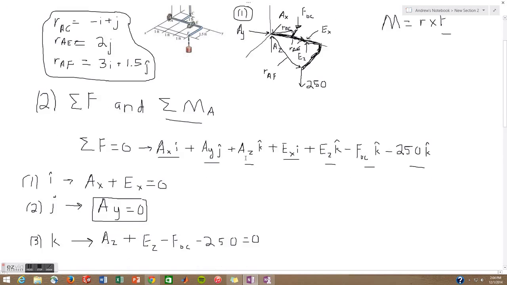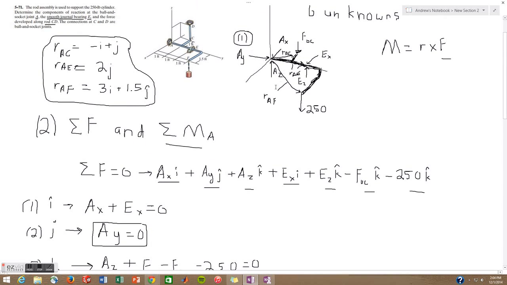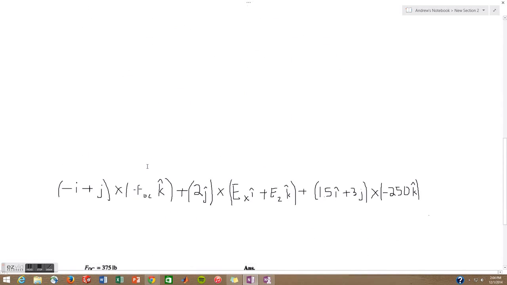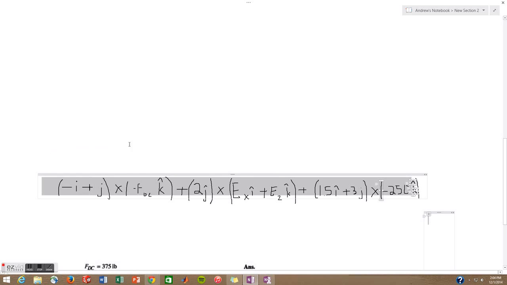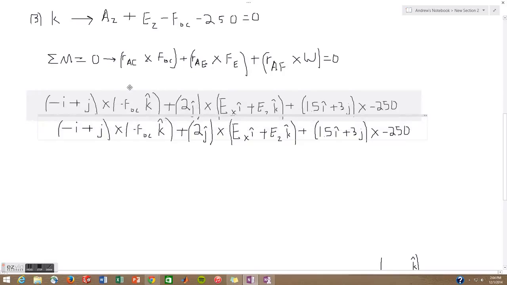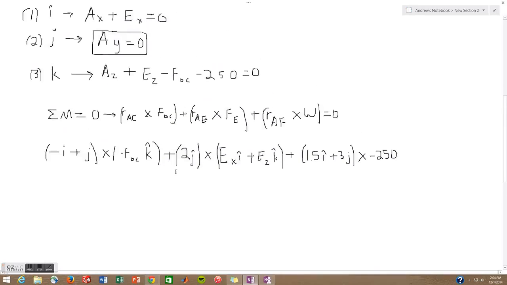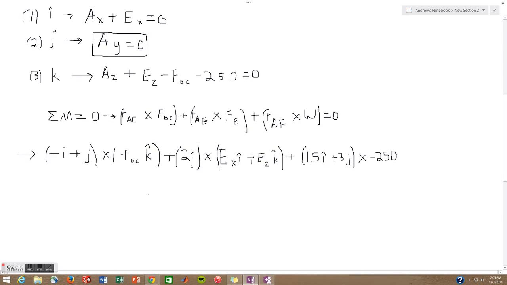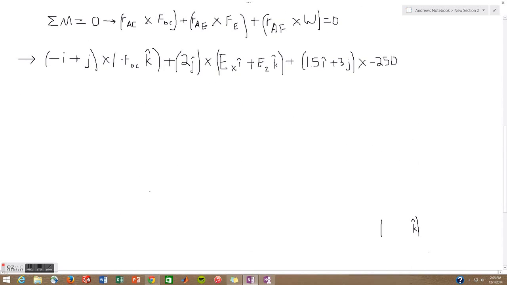The next one is RAE cross the force at E, and then RAF cross the weight, which is the force. Here it is when you plug it all in. Similar to the forces, you want to simplify this down a little bit. One thing to keep in mind with these is to use the, oh, I forgot this little part.